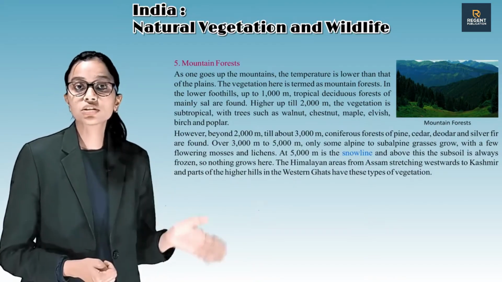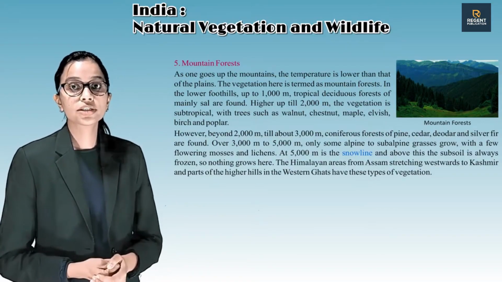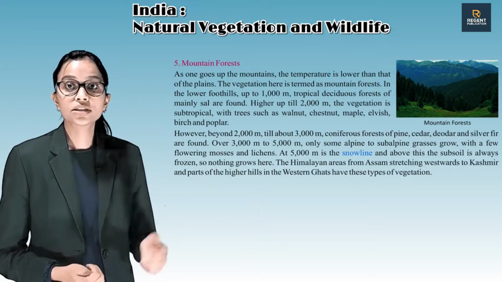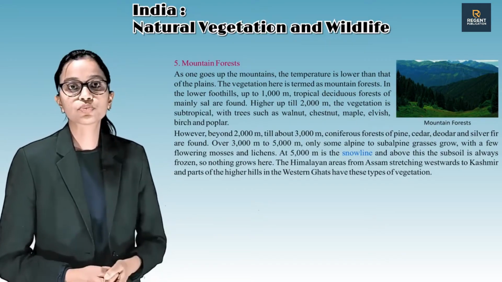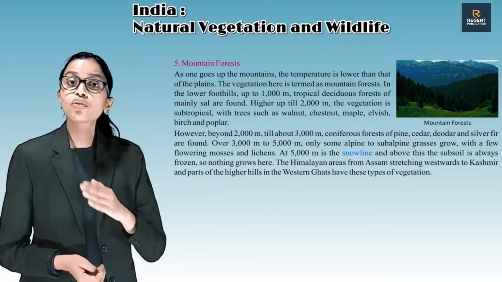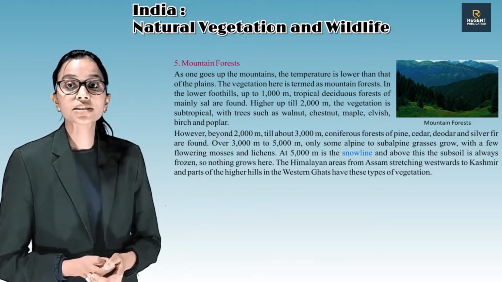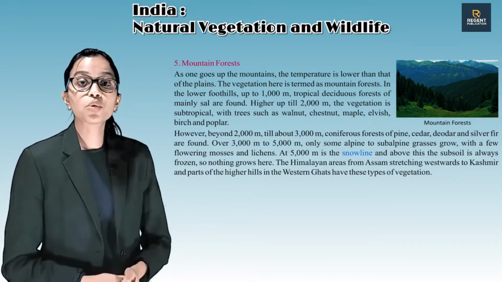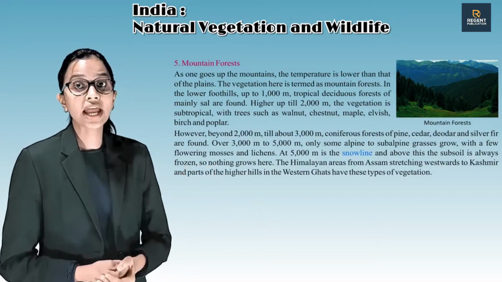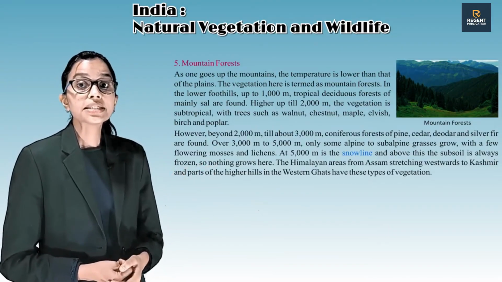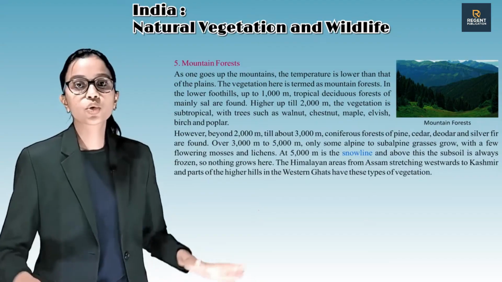Beyond 2000 meters till about 3000 meters, coniferous forests of pine, cedar, deodar and silver fir are found. Over 3000 meters to 5000 meters, only some alpine to subalpine grasses grow, with a few flowering mosses and lichens. At 5000 meters is the snow line, and above this the subsoil is always frozen, so nothing grows here.